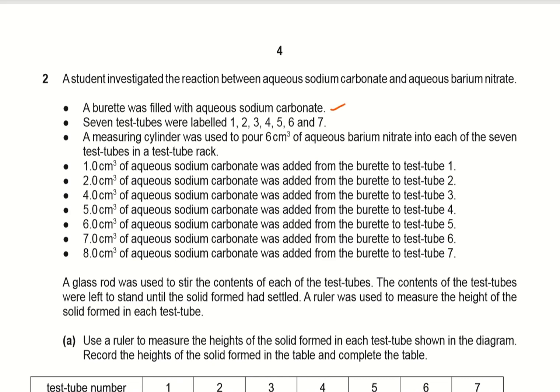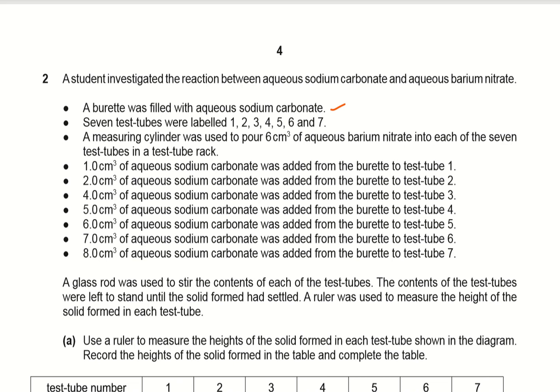Then 7 test tubes were labeled: test tube 1, test tube 2, test tube 3, 4, 5, 6. They were labeled separately. Then a measuring cylinder was used to pour 6 cm cube of aqueous barium nitrate into each of the 7 test tubes in a test tube rack.